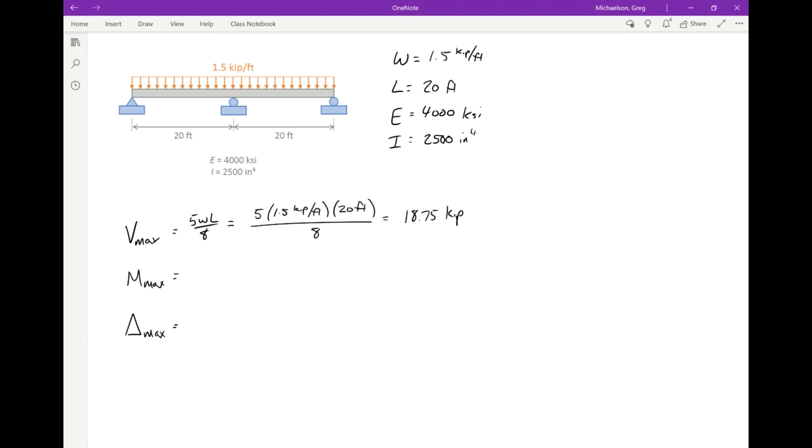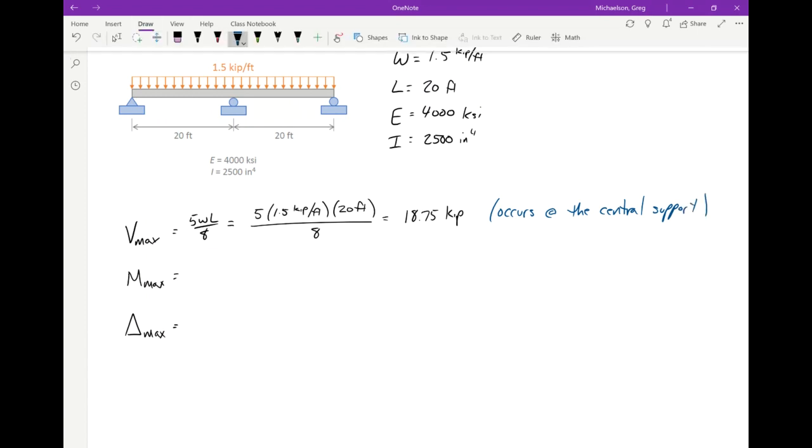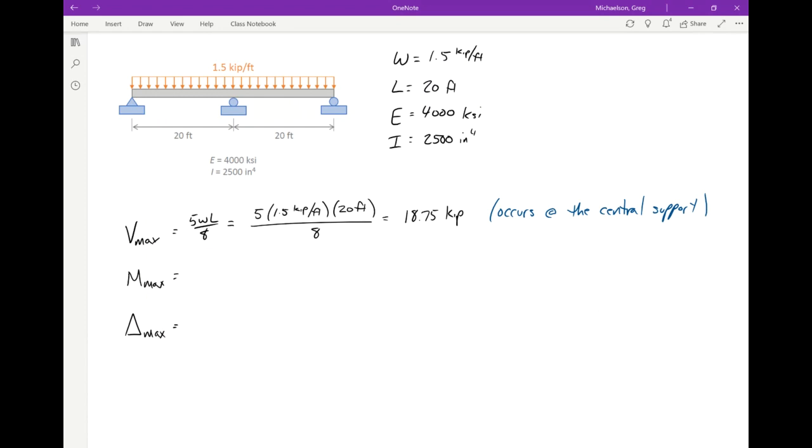The middle, the central support. Exactly. All right, so that's V max.